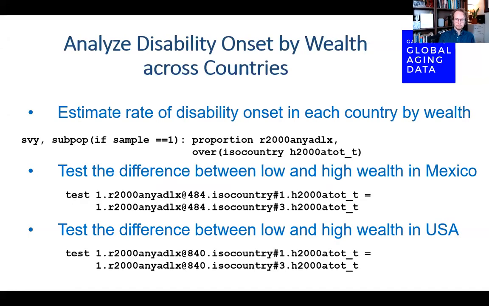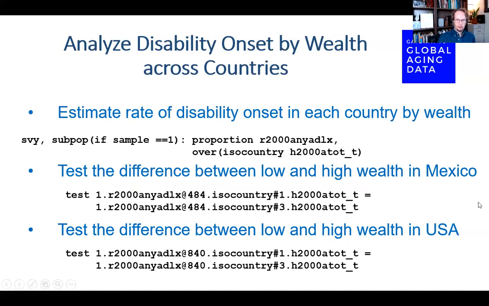And lastly, we could do the same thing looking across wealth. So again, this is what people refer to as a difference in difference analysis. We're looking at the differences in Mexico and comparing them to the differences in the United States. So might we see a different relationship between people of low, middle, and high wealth in the United States versus low, middle, and high wealth in Mexico?